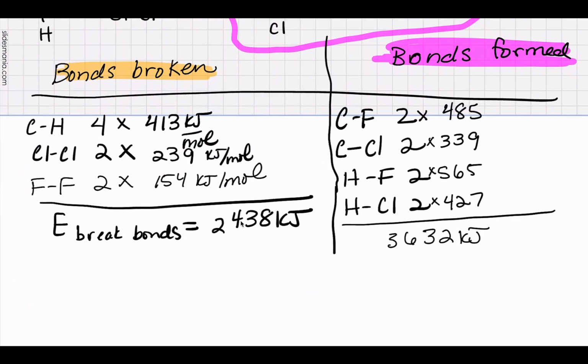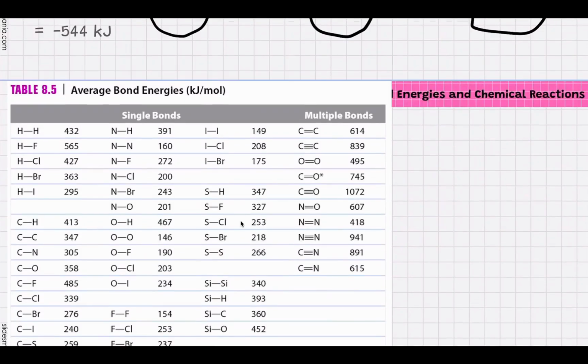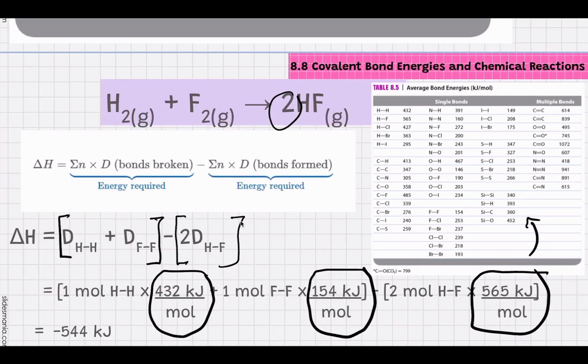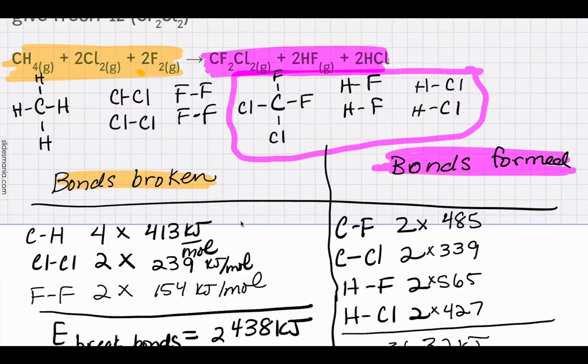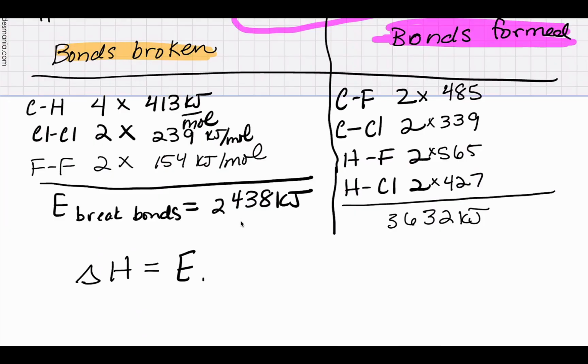But we're keeping everything positive at this point because we're going to then plug into the equation where we're going to take the energy of the bonds that were broken and then we're going to subtract the energy of the bonds that were formed. And by doing that, you are making all of those exothermic because energy is released.